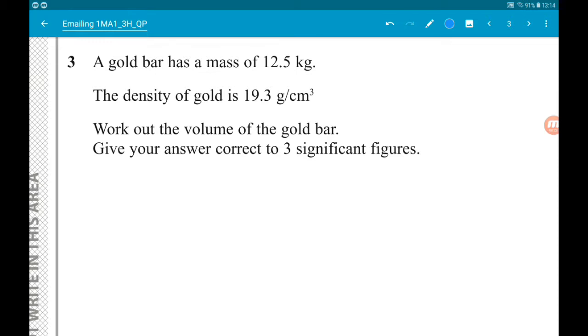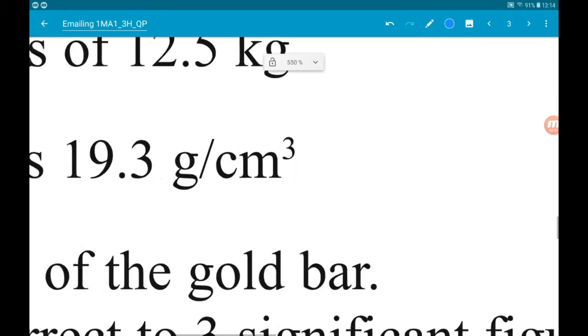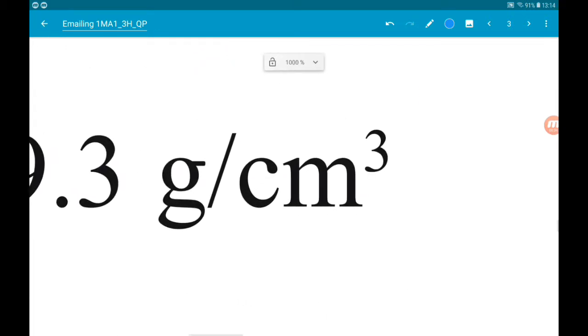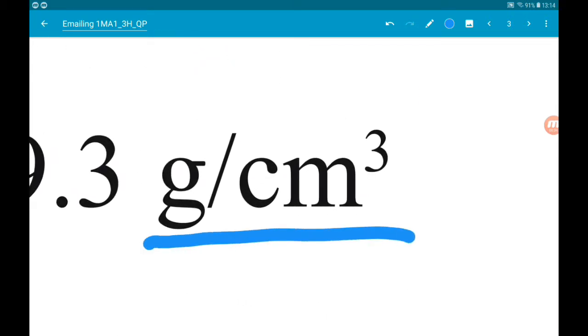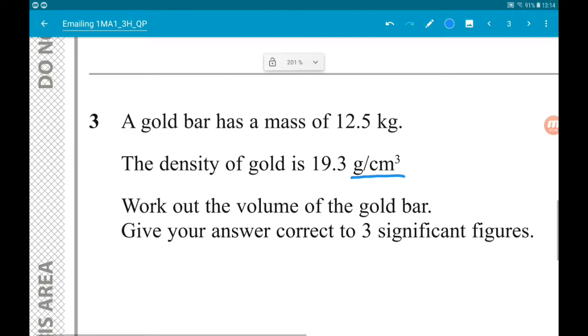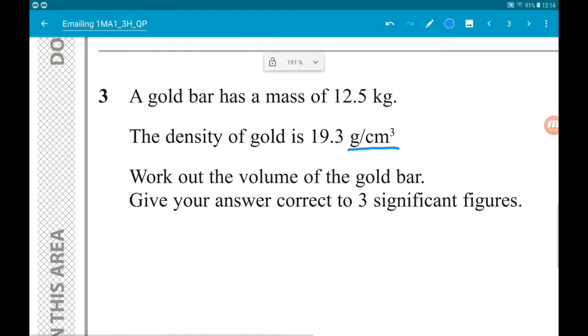Okay, so if you can't remember the formula for density, it's given to you right there. Grams is a measure of mass, centimetres cubed is a measure of volume. So density is mass divided by volume.